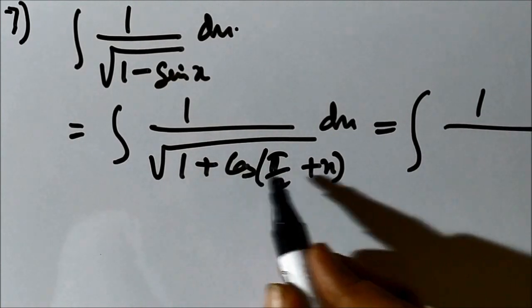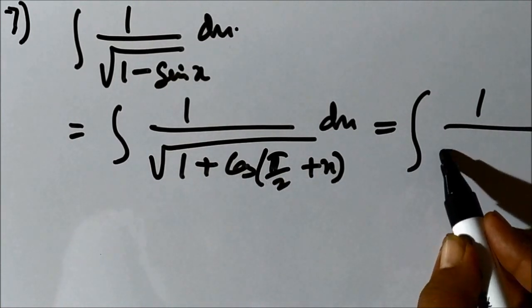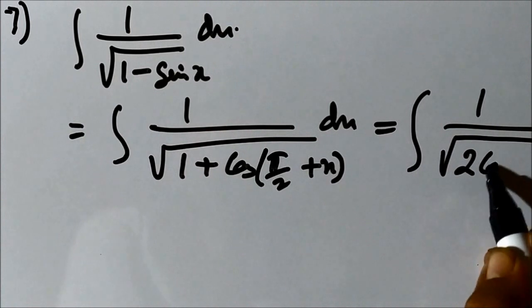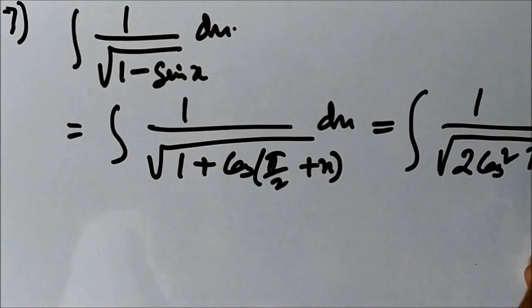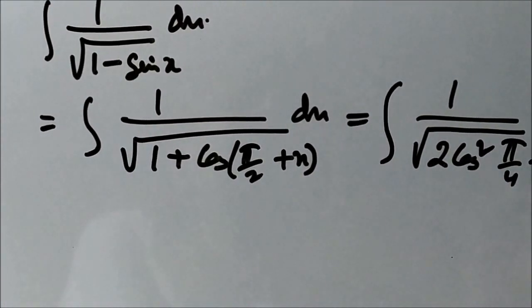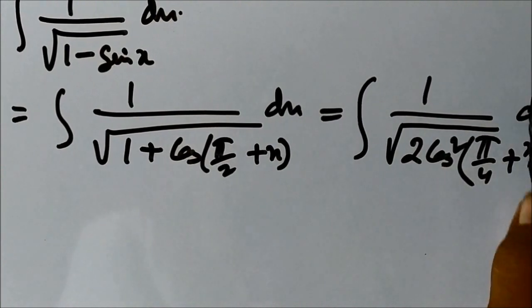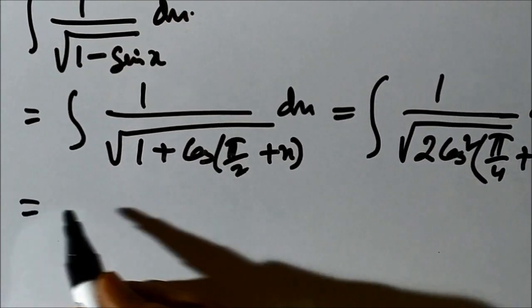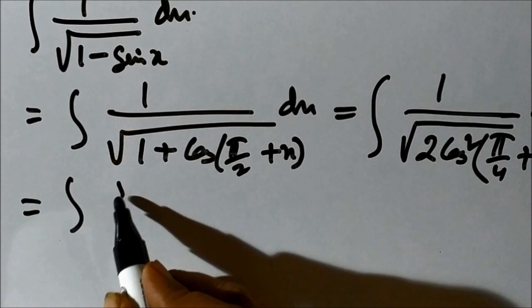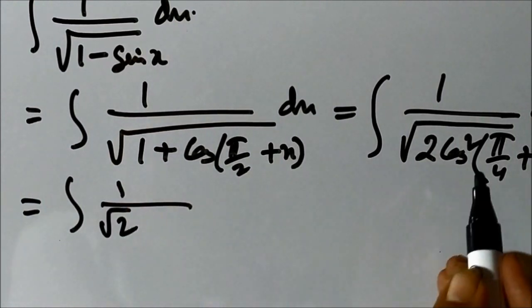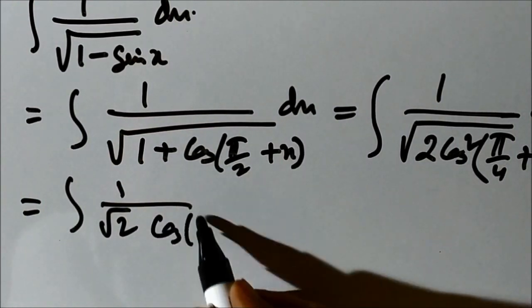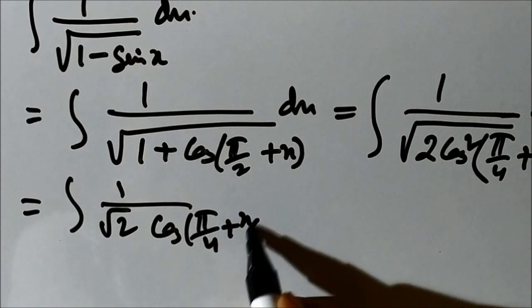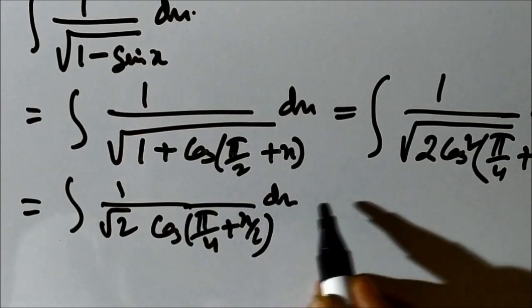From trigonometry, 1 plus cos theta equals 2 cos square theta by 2. This is equal to 2 cos square (pi by 4 plus x by 2) dx. This is equal to 1 by root 2 the integral of 1 by cos (pi by 4 plus x by 2) dx.